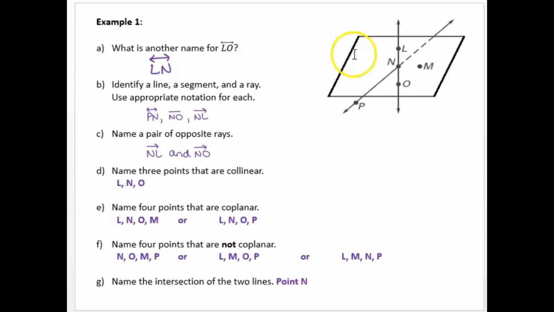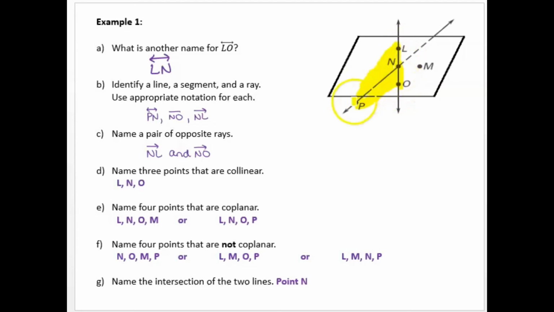And that's because if you think about points L, N, O, and P, even though P is not on the plane that's drawn, P is on a plane that exists in space that connects through all of these points.